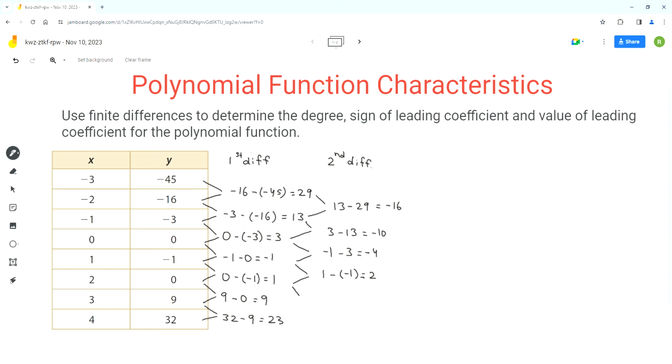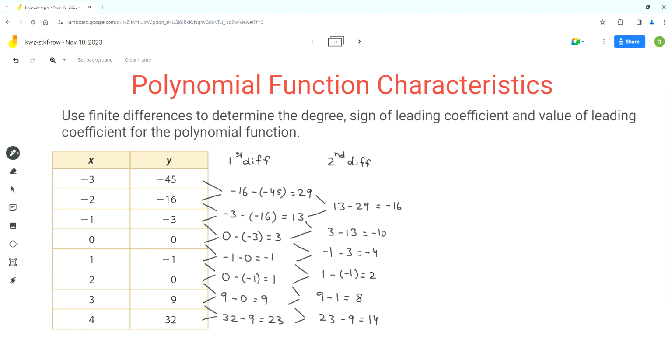And then we'll do 9 minus 1, which is equal to 8. And then we'll do 23 minus 9, which will be equal to 14. So now we can see that the second differences are also not the same. So that means the degree of this polynomial function is not equal to 2.